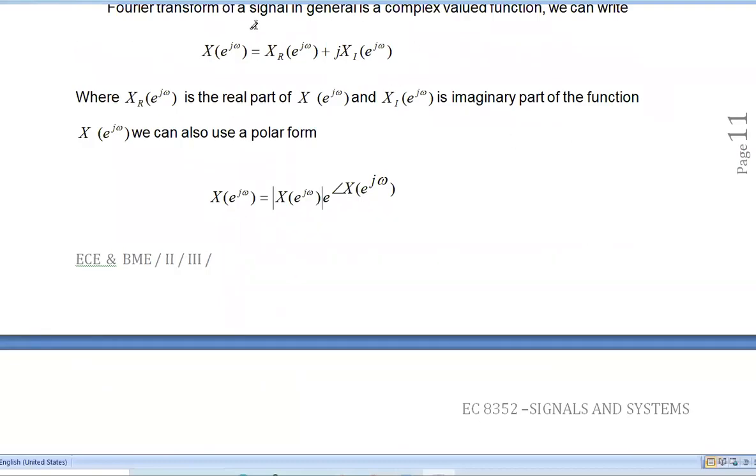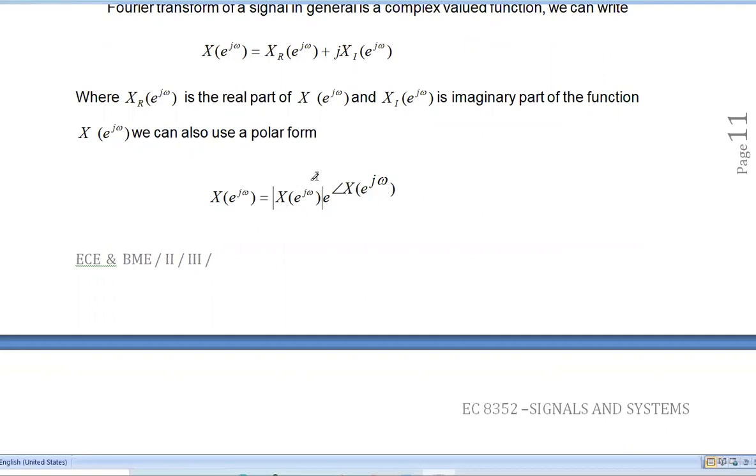In order to find the amplitude spectrum, this complex quantity, this vector quantity, can be converted into polar form. This vector we have to convert into polar. Converting into polar gives modulus of x of e power j omega into e power angle of x of e power j omega.